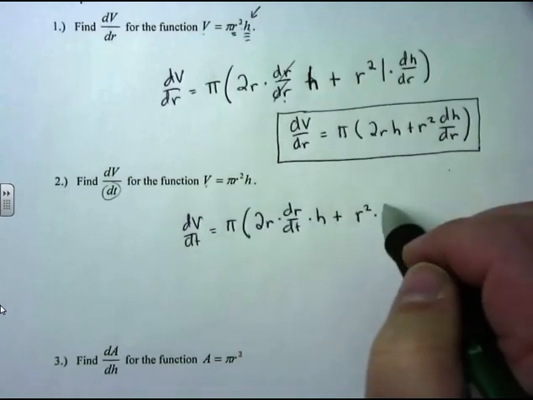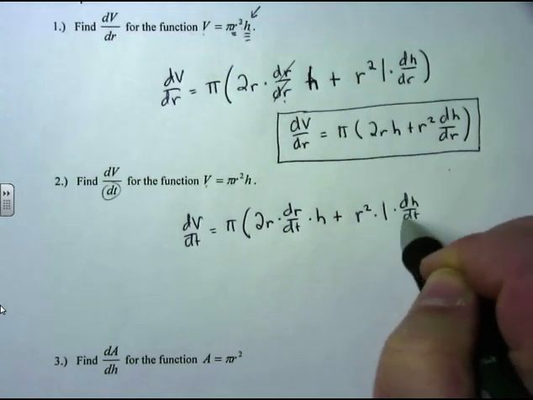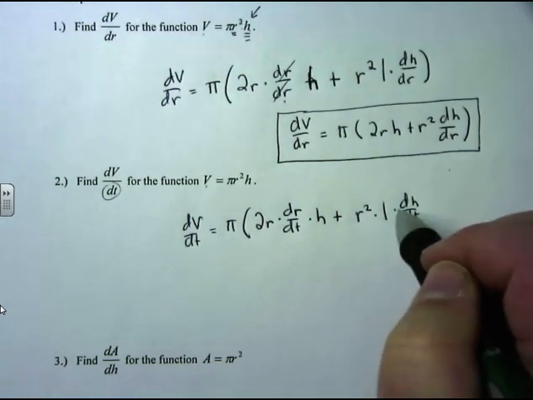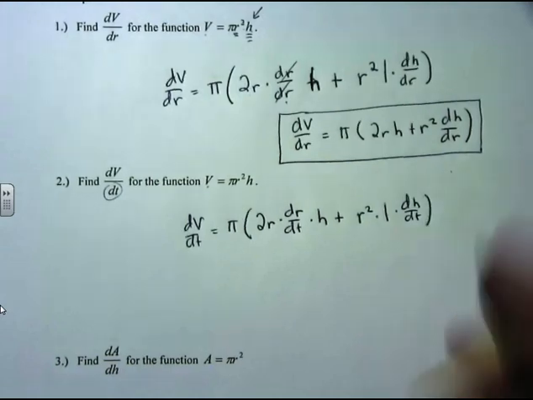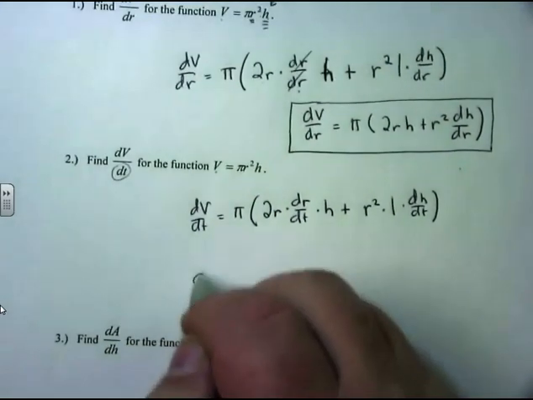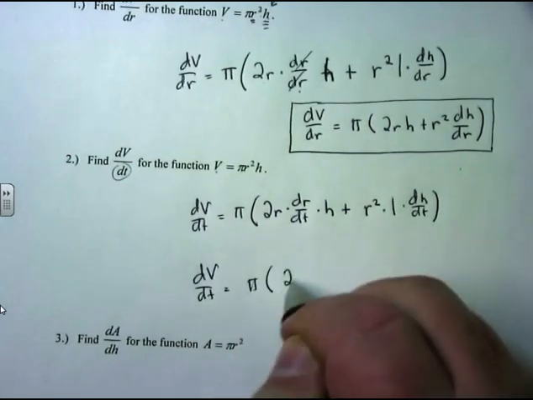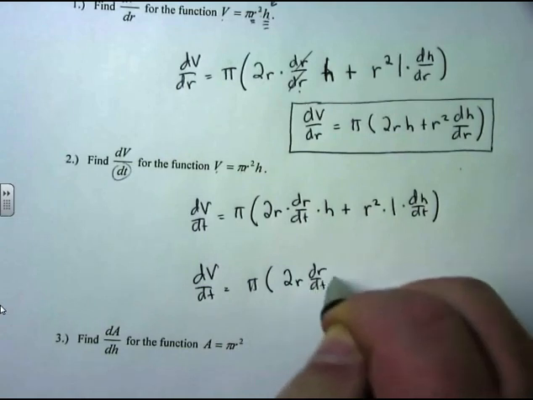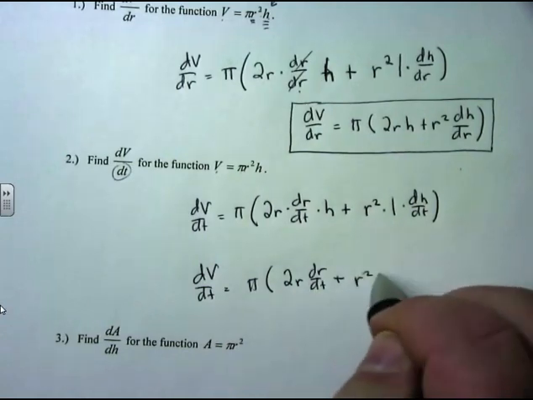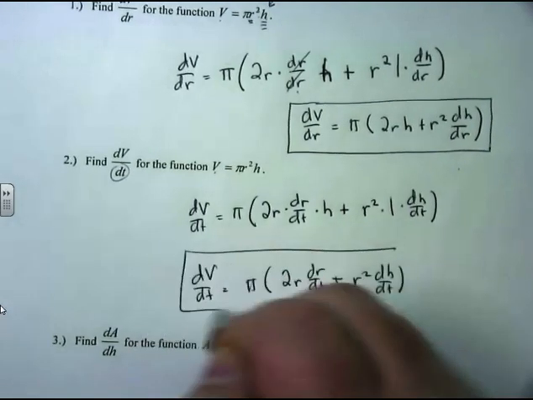Well, derivative of h would be 1 times dh dt. Every time you take a derivative of a variable, you take derivative of that variable times d variable dt. And now let's clean this guy up to get our solution. So dv dt would be pi times 2r dr dt plus r squared times dh dt. And there's my solution.